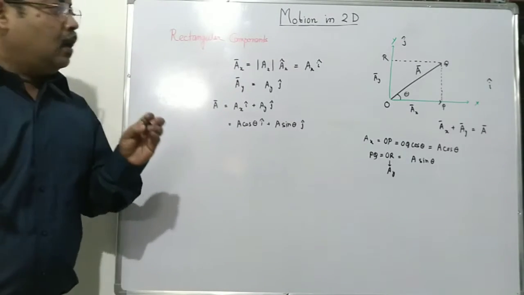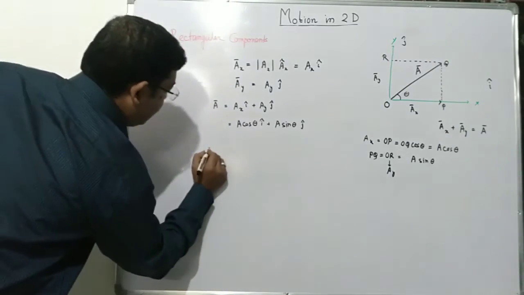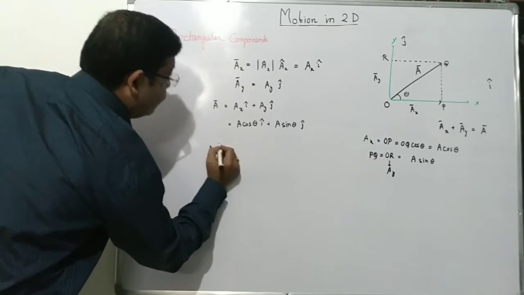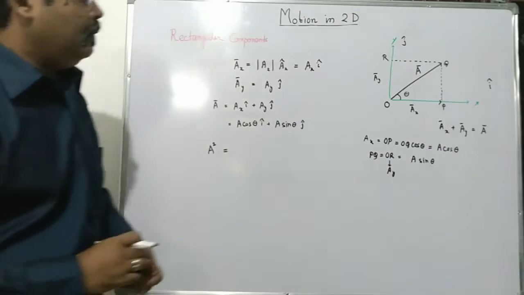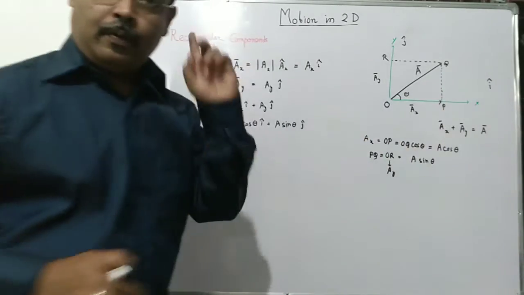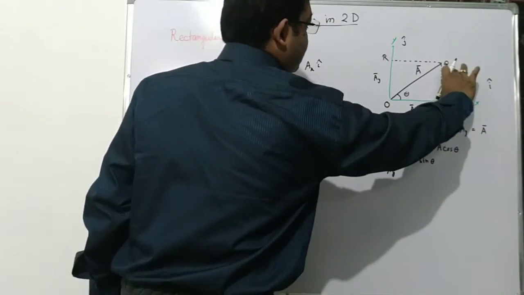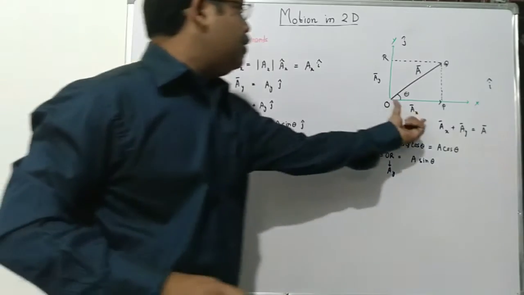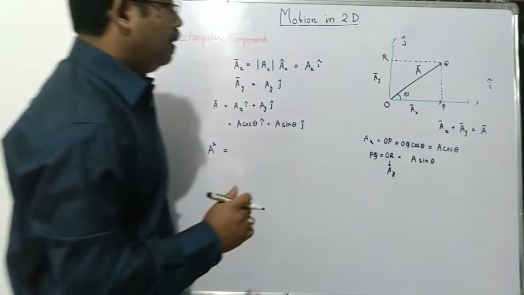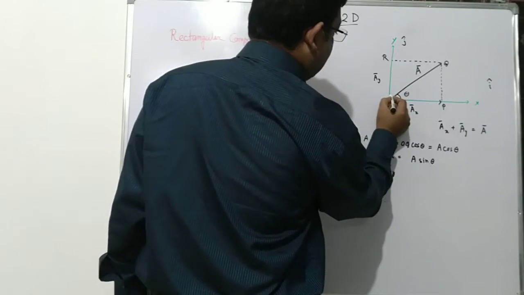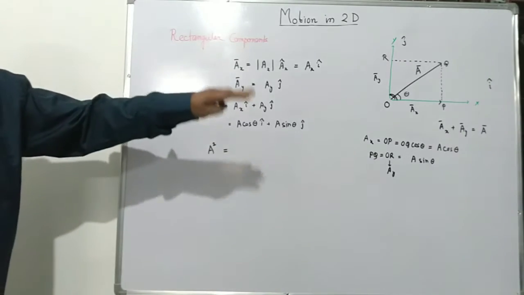Now, what is the magnitude of A? The magnitude of vector A, or the square of that, can be given by, from the formula, square of this plus square of this plus 2 times this magnitude into cos theta, right, where that theta was the angle between the two component vectors, that is AY and AX.